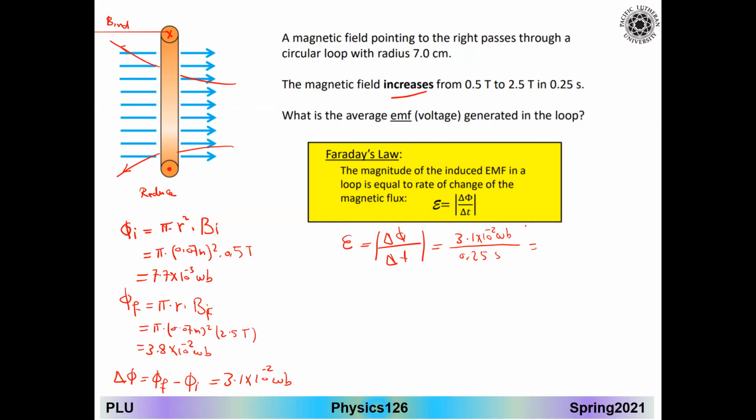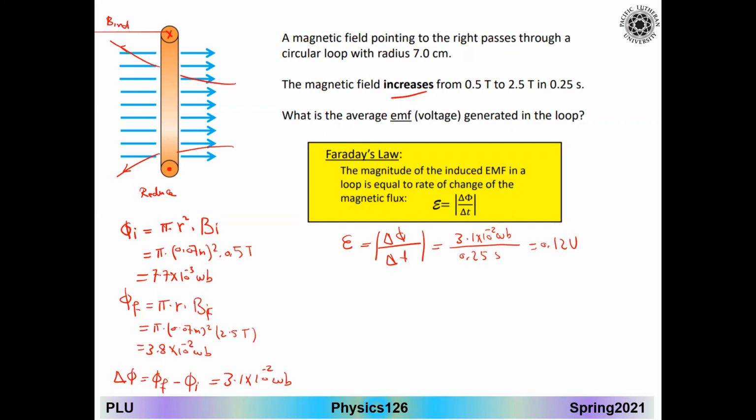This number is 0.12 volt. Weber divided by second is volt. If we have an electric circuit, that's the EMF we can find, and from there we can find the current. This is the basic EMF to apply for the circuit.